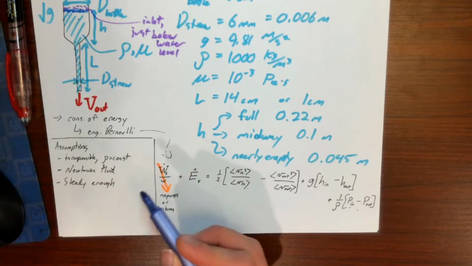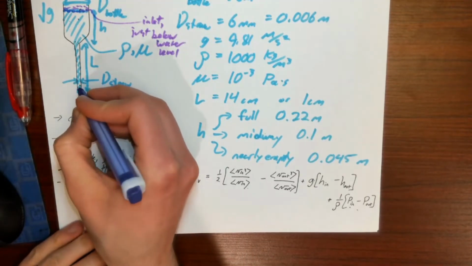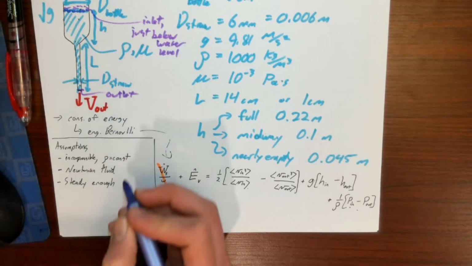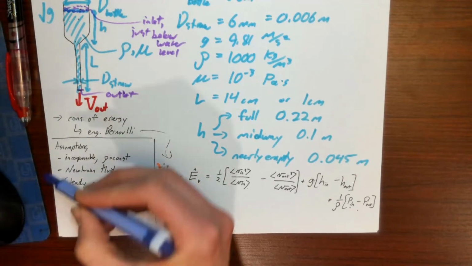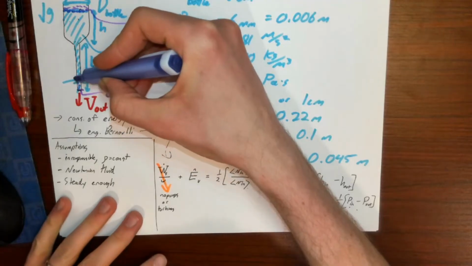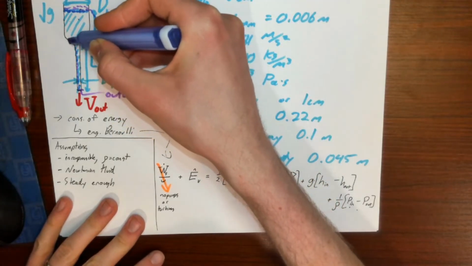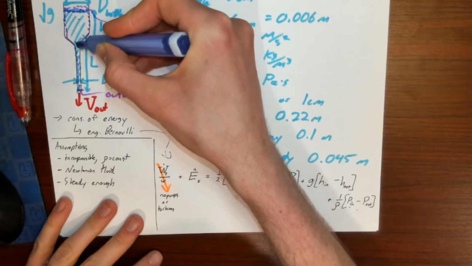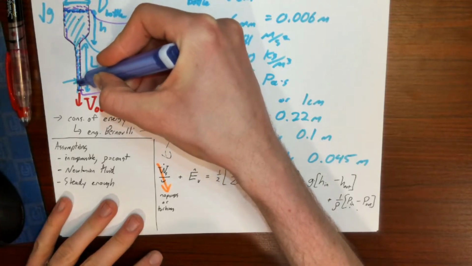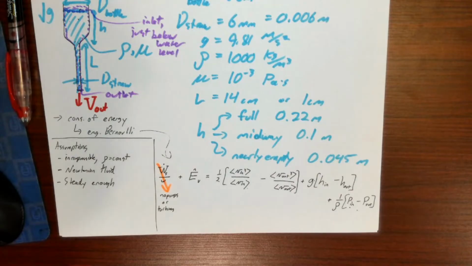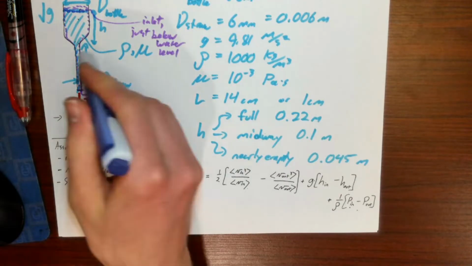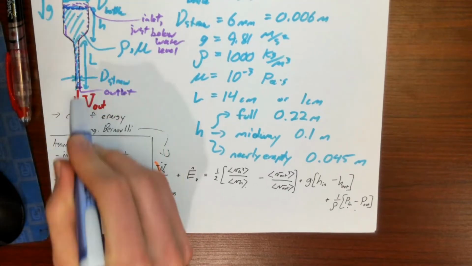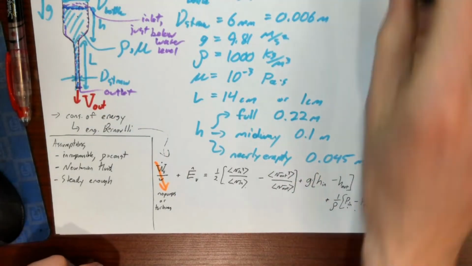And here, my outlet is going to be coincident with the part of the straw where the water is going out. The rest of my surface I'm going to make coincident with the walls of the straw or of the bottle. So that's my control volume that I've outlined in purple: inlet, outlet, and everything else is the walls.